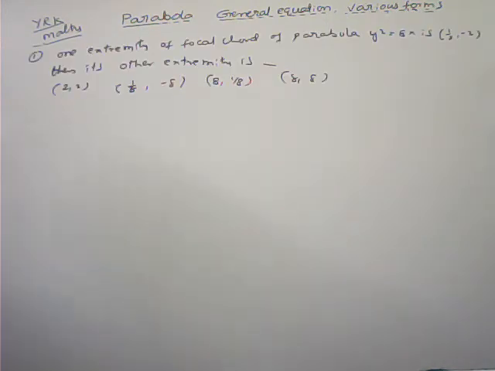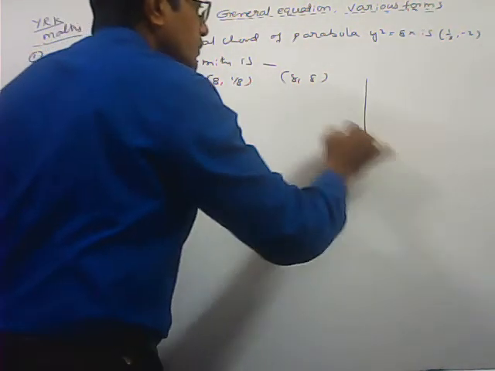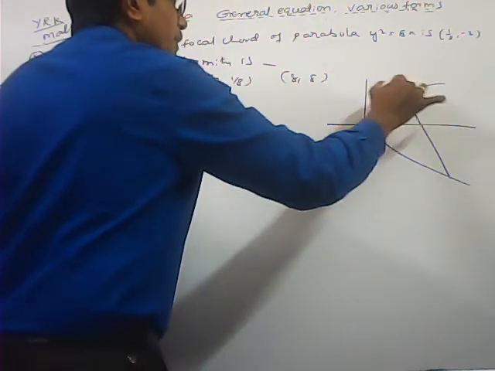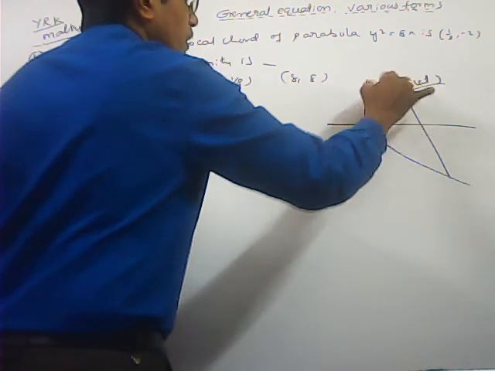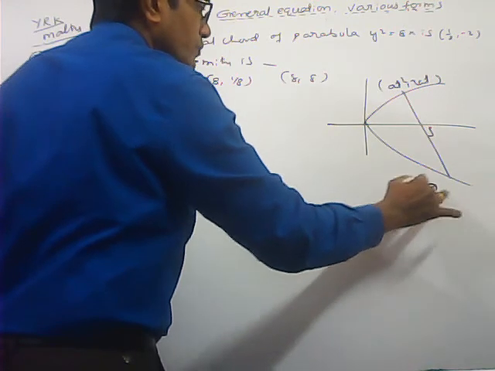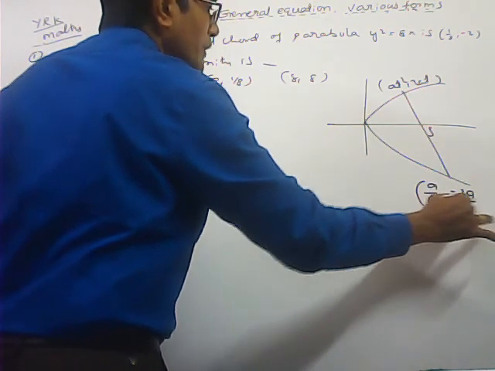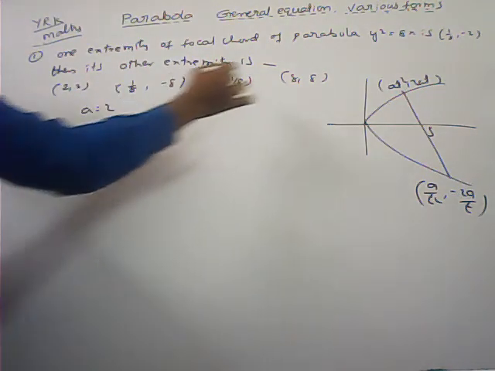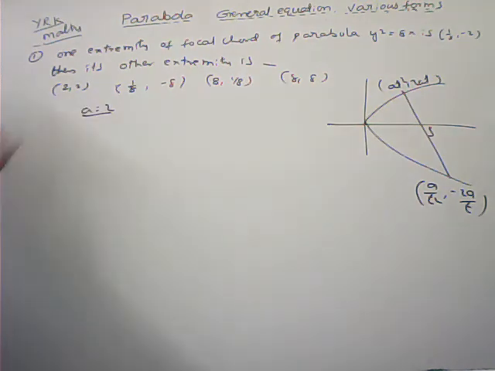Here, one extremity of the focal chord of the parabola y square equals 8x is 1 by 2 comma minus 2. Then find its other extremity. Already I told you this one. One end is at square comma 2at. Another end, if it is the focal chord, is a by t square comma minus 2a by t. So here, what is the a value? A is equal to 1/4 of this one, that is 2. A is equal to 2.